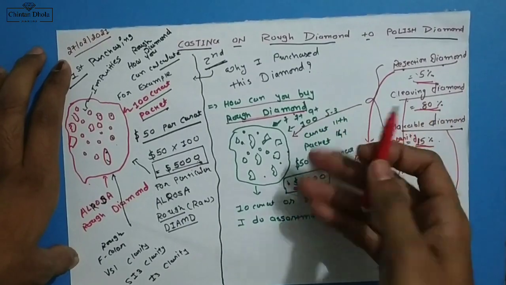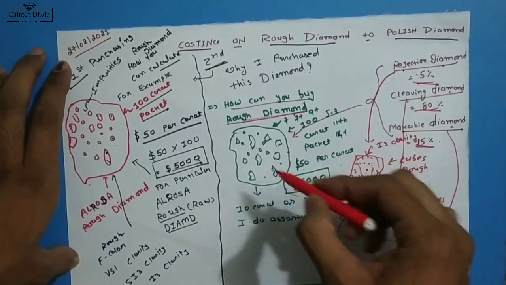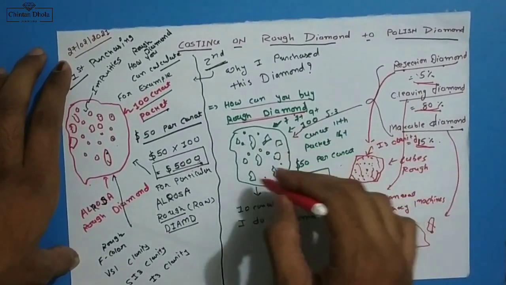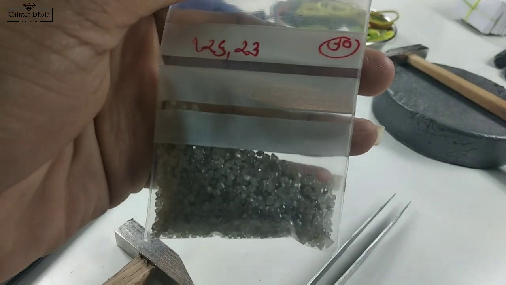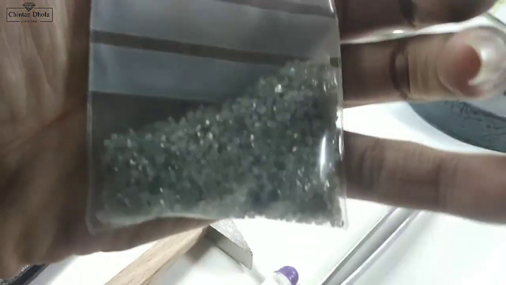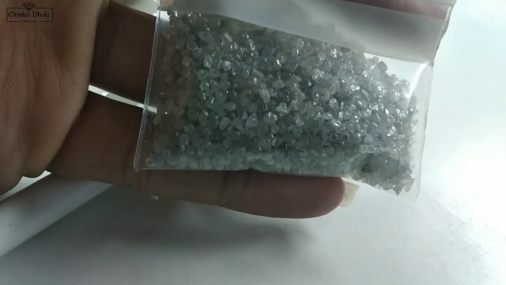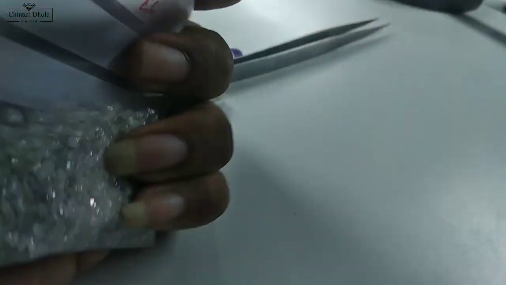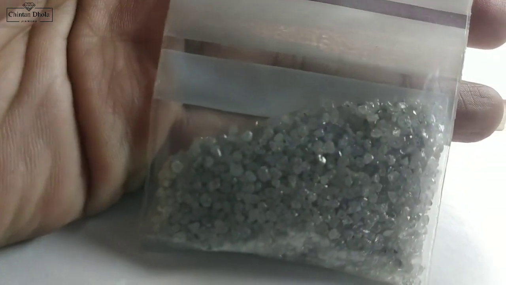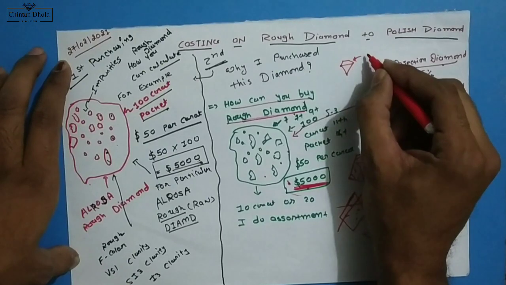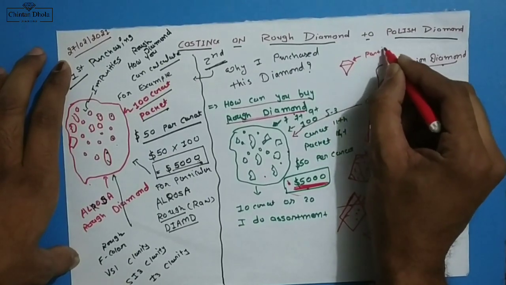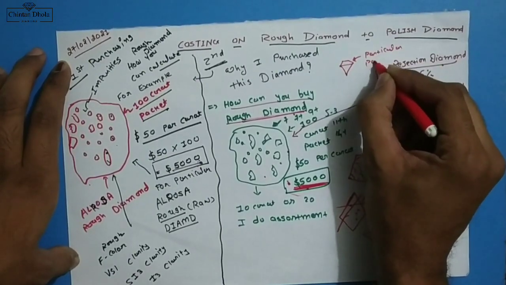So I will tell you in the next video what is the exact costing I do on this particular single rough diamond, and then what is the exact price I paid, and then what is the exact price for my particular polished diamond. How can I include each and every costing in this particular polished diamond?